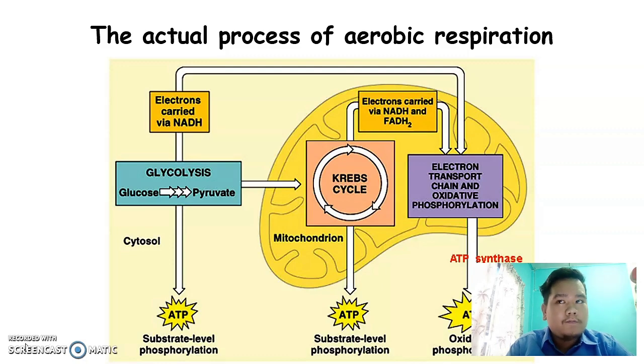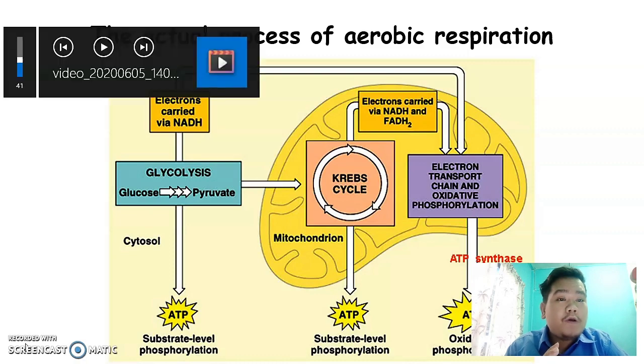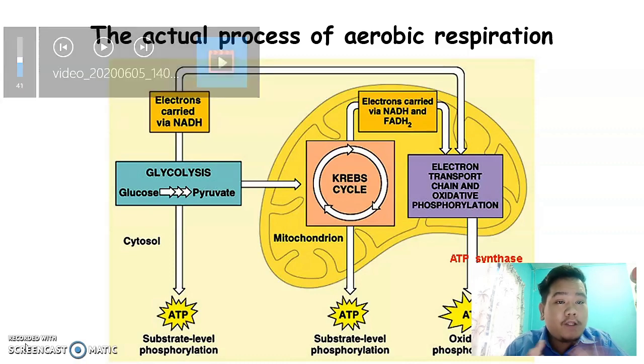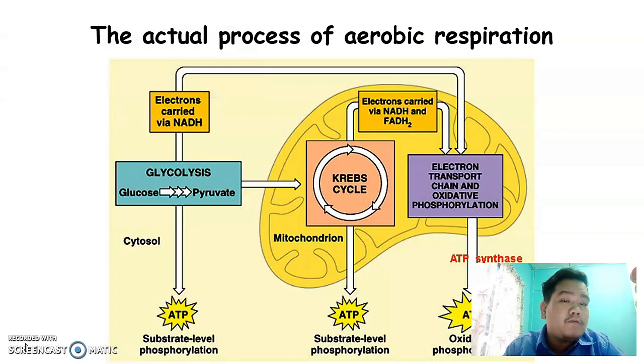So we have to remember this chemical reaction: glucose C6H12O6 plus 6O2 will react and produce carbon dioxide, CO2, plus H2O.